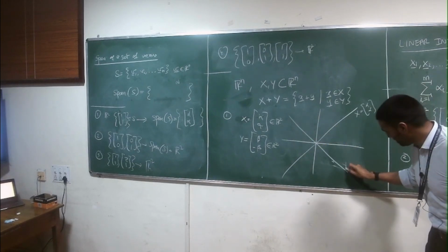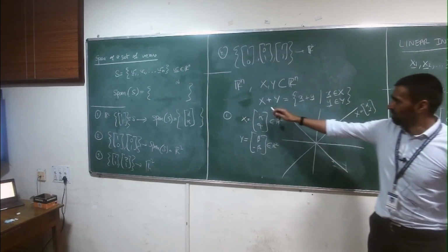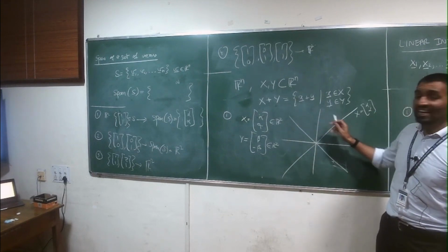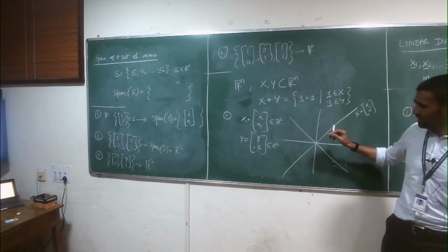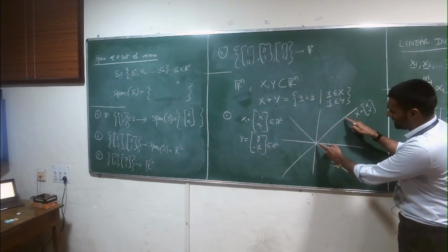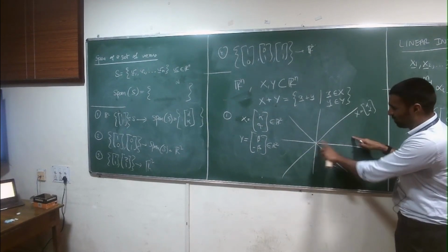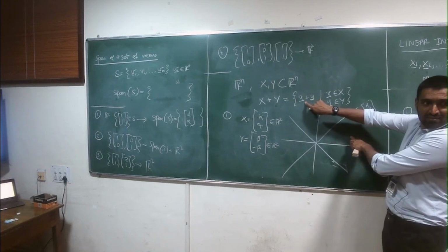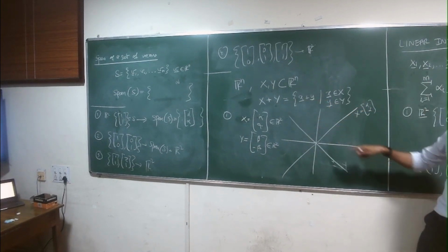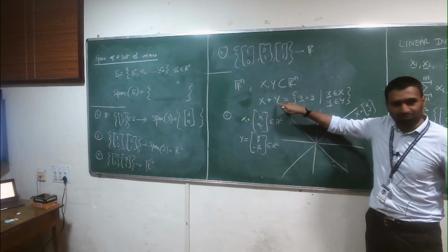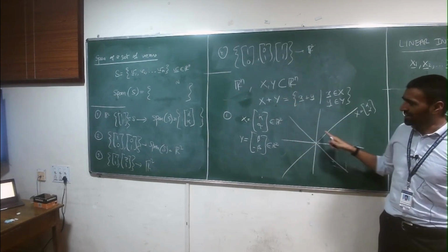Now, when you say that you're adding two subspaces, all you're doing is you take any vector from X, any vector from Y, you add them together, and you get a point that goes into this set. If you do that for all possible combinations, you get the sum of the two subspaces. What will be the sum of X and Y in this case?